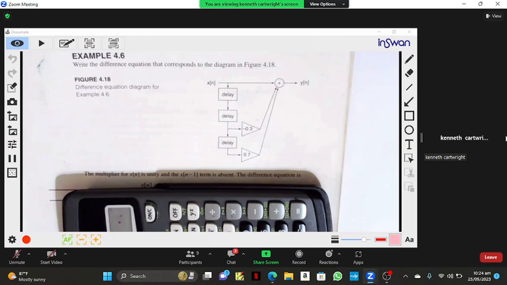Look carefully at them. There's no x of n minus 1 on this diagram. Oh, okay. Let me send it in again. I mean, there is x of n minus 1, but it's not part of the output. All right, let me send it again.